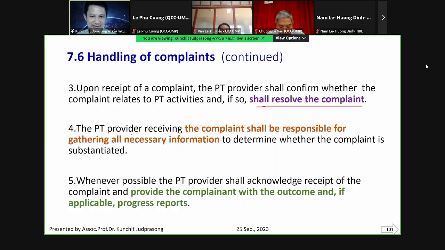The PT provider receiving the complaint shall be responsible for gathering necessary information. Usually, when you get the complaint, you have to know who the complainant is and communicate, to let them know from time to time what action we have taken and whether the problem is solved or not. Whenever possible, the PT provider shall acknowledge the receipt of the complaint and provide the complainant with the outcome and, if applicable, the progress report.